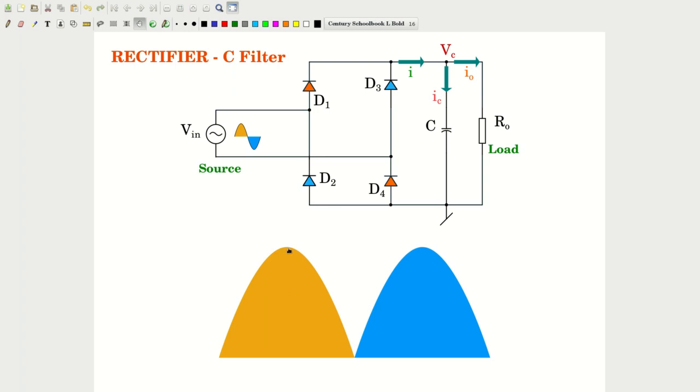Let us start from this peak point as a reference, and then we will come back to it and extend it. Let us say it is in a steady state, which means that there is some charge accumulated in the capacitance. So if we are starting at this point, the voltage at the capacitance will also be of this value, the Vm value.